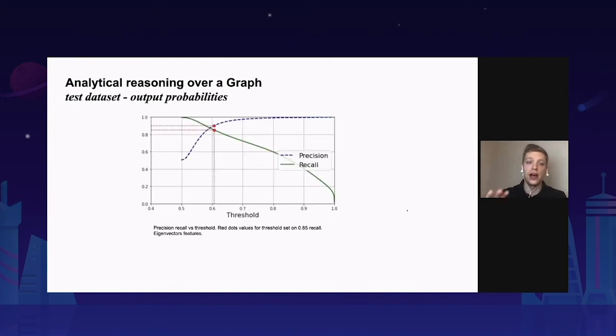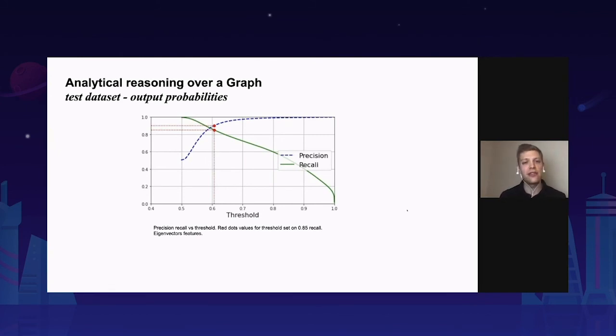So the output: graph neural nets give us probabilities, as the last layer of the neural net is the softmax function. So we've got the probabilities, which tell us if an edge is true or not.